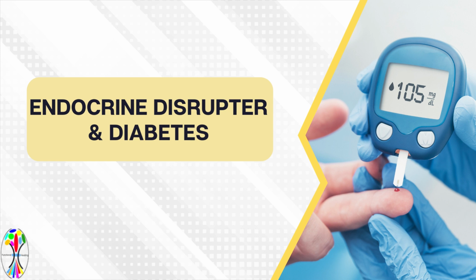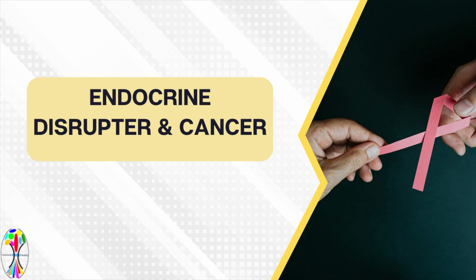The pancreas is the organ which produces insulin. And these chemicals lead to reduced production of insulin. Other chemicals interfere with the body's ability to respond to insulin, contributing to insulin resistance. Both of these mechanisms can lead to an increased risk of type 2 diabetes.